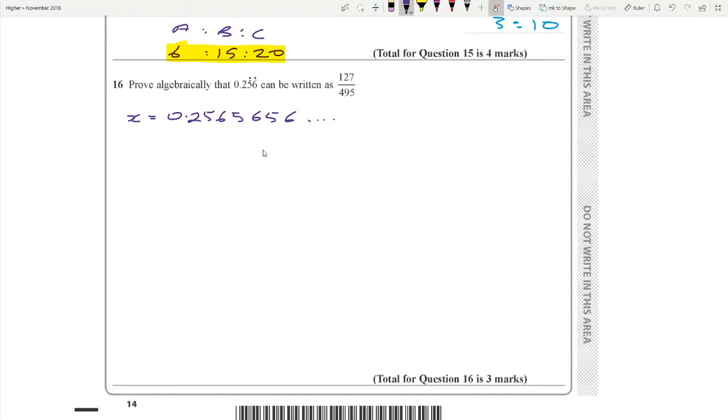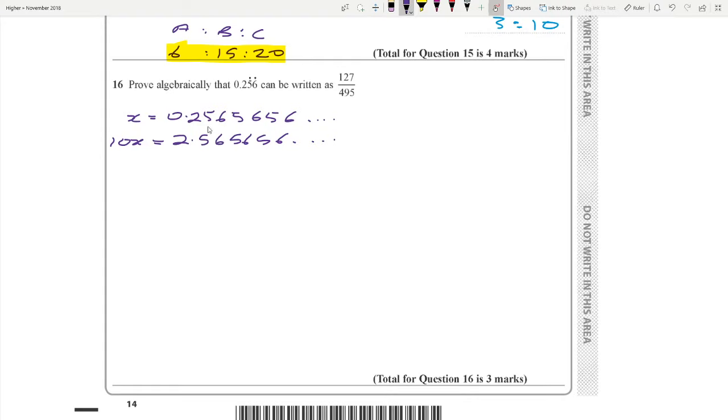Now with a question like this, we want to eliminate the recurring values. So we want to eliminate the 5 6 5 6 5 6. So let's times everything by 10 first. So 10x would become 2.565656.